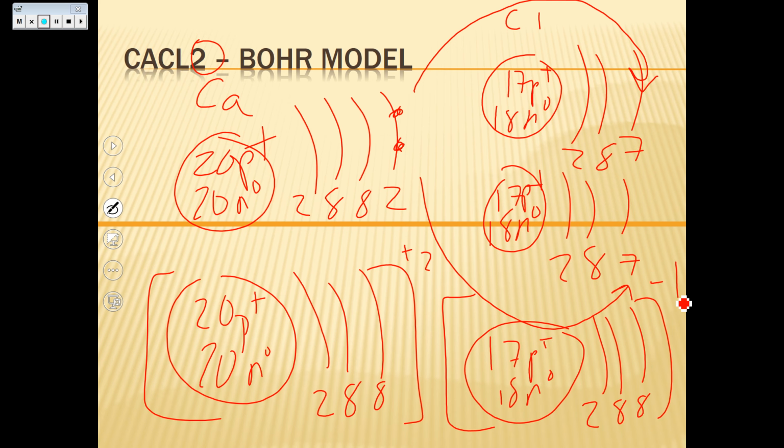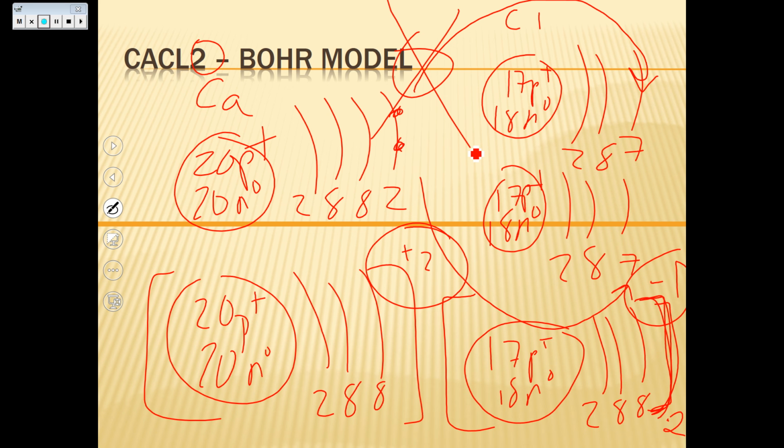Instead of having to draw those 2 again, we put a 2 down here in the bottom right-hand corner outside of this bracket to represent that there are 2 of them. Okay, notice that the charges are still going to add up to 0. We have 1 calcium with a positive 2 charge. We have 2 chlorines with a -1 charge. So the charges still cancel out to the number 0.